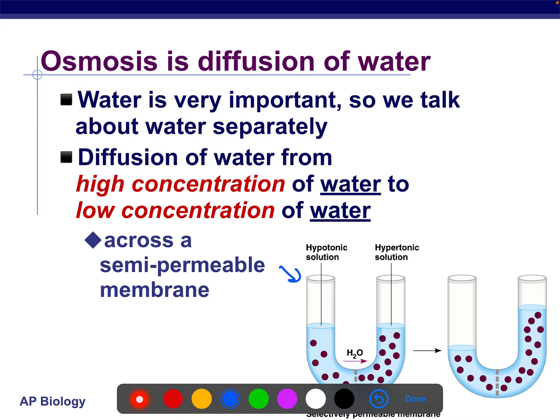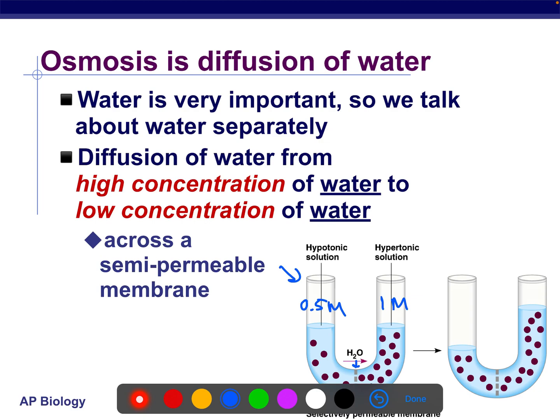So here, we have two solutions. Let's say this is a 1 molar solution of sugar, and this is a 0.5 molar solution of sugar, and they're separated by this semi-permeable membrane right here. Water is going to want to move to where it's a low concentration.